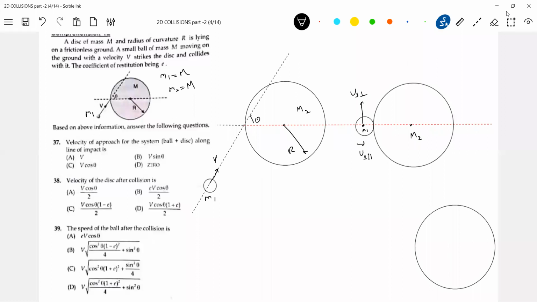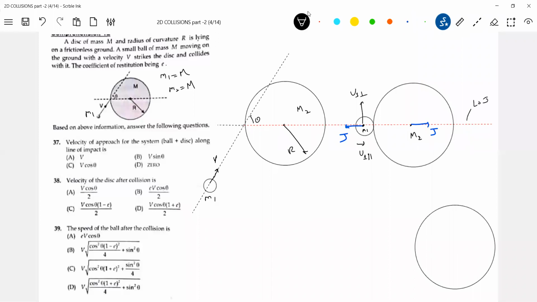The impulse will act in this direction. What is the possible direction in which it can move now? Anybody can solve once you reach here. We should apply conservation of linear momentum along the line of impact.